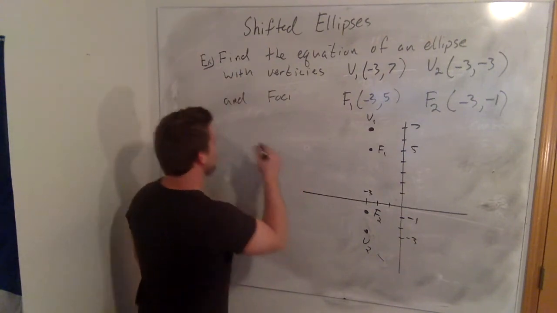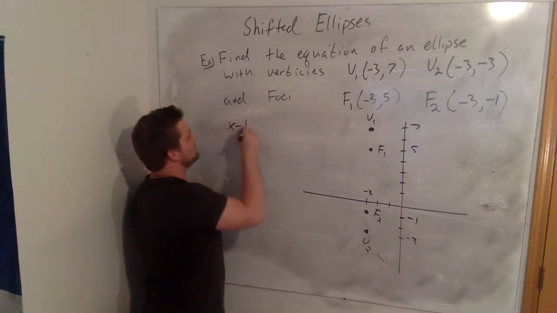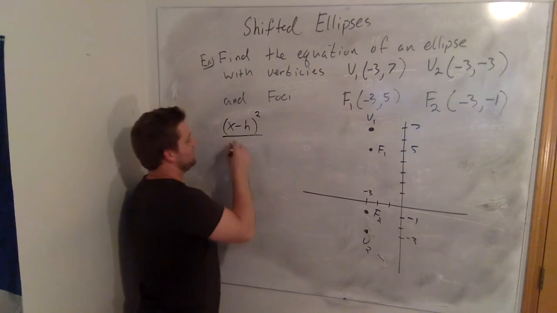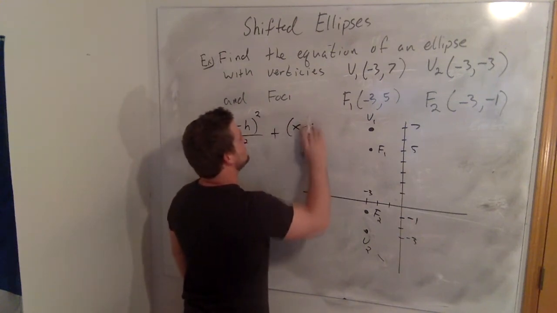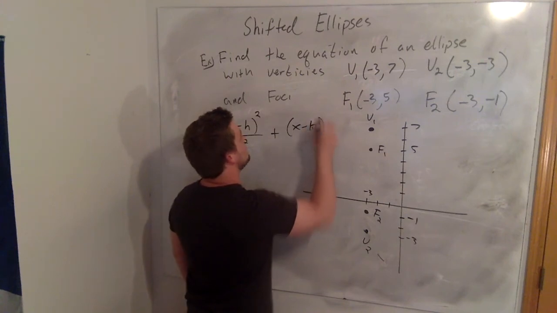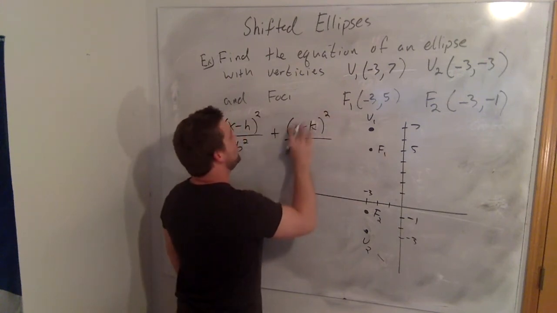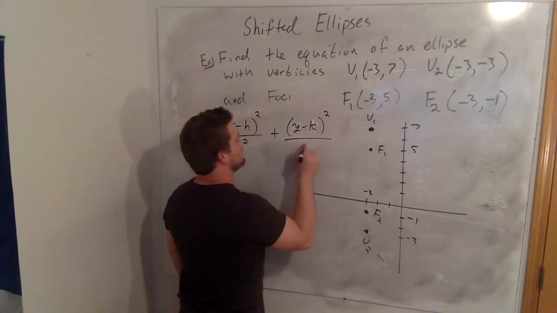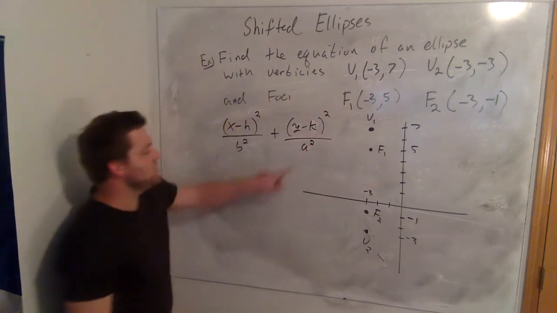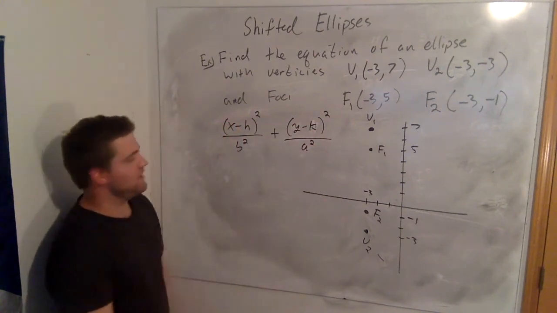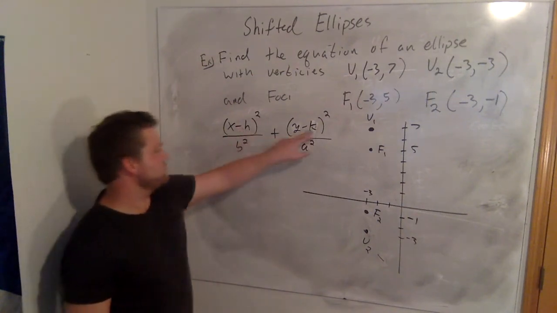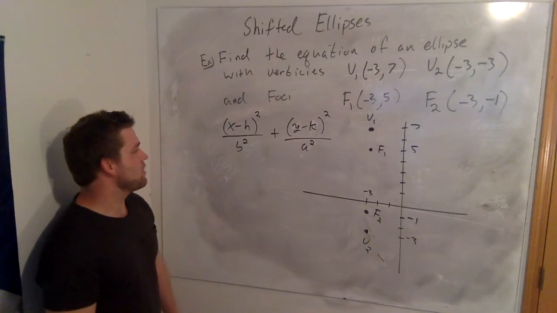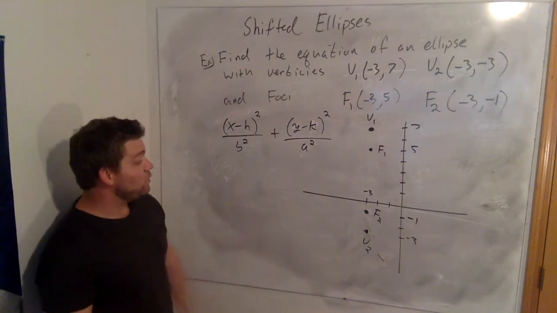So the general equation will be (x minus h) squared all over b squared, plus (y minus k) squared all over a squared, because I know it's going to be elongated more in the y direction. We need to figure out what h and k are.